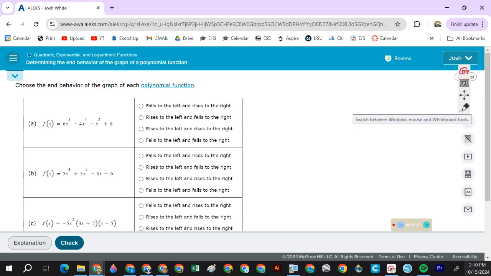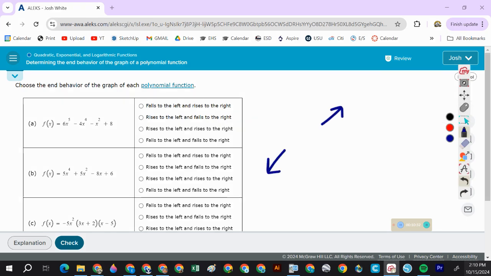So what would a 5th degree polynomial with a positive leading coefficient look like? So it's going to be down to the left and up to the right. So it falls to the left and rises to the right. That's the one. Does everybody understand that?